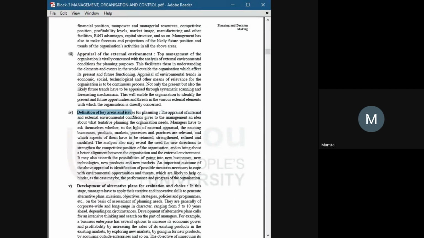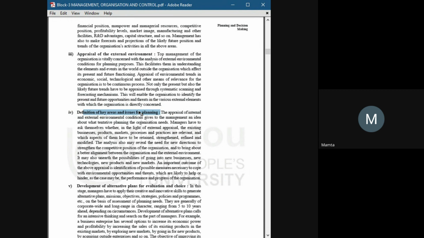And the fourth step is definition of key areas and issues for planning. The appraisal of internal and external environmental conditions gives the management an idea about what tentative planning the organization needs, and what changes are going to be there.